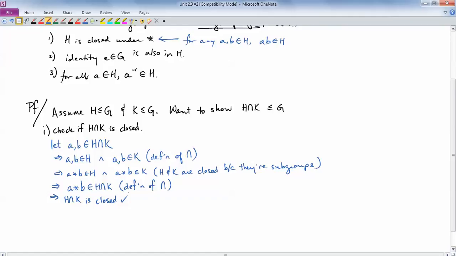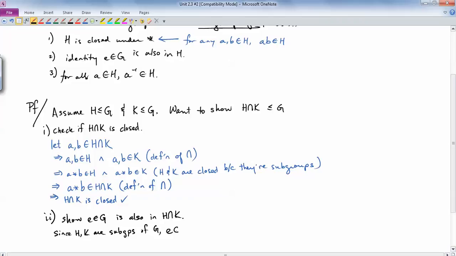Okay. Next one we need is show that the identity from G is also in, and in this case it's H intersect K. Well, we know since H and K are subgroups of G, the identity from G must be in H, and also since K is a subgroup, the identity from G must be in K. Well, since E's in H and E's in K, E has to be in H intersect K. And the same thing, definition of intersection.